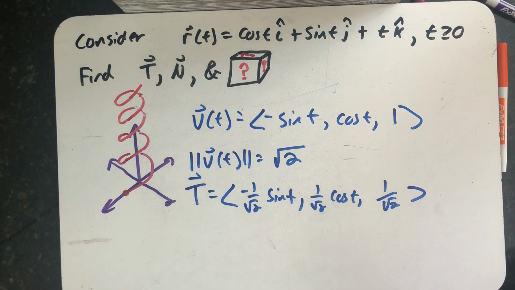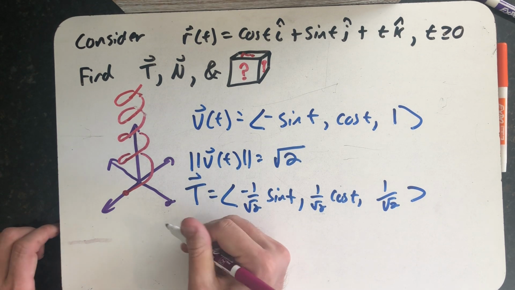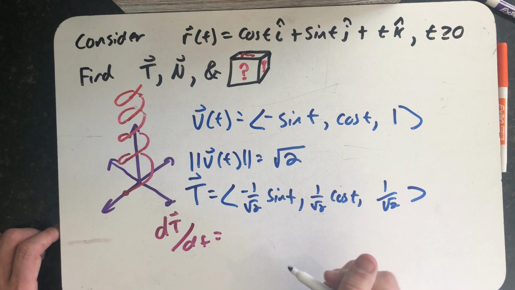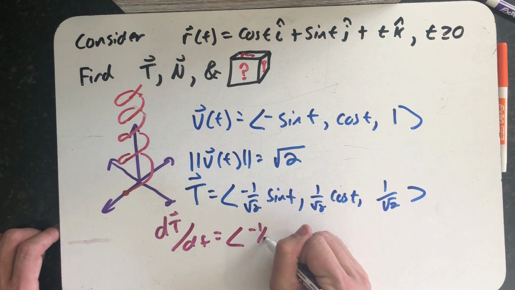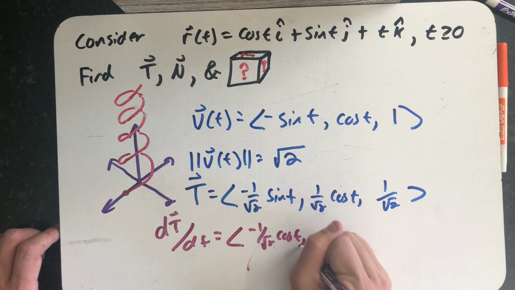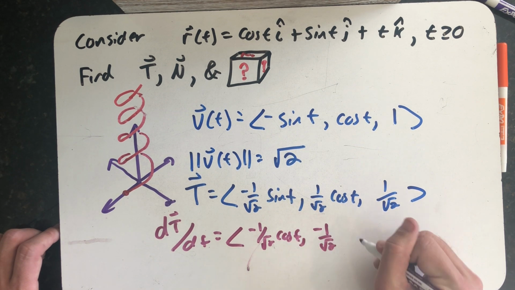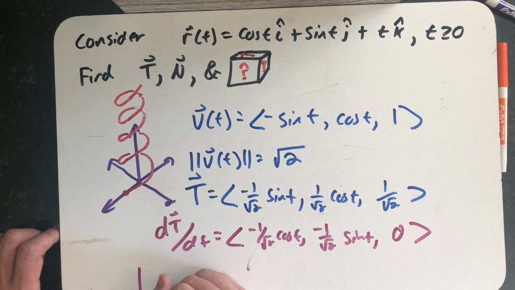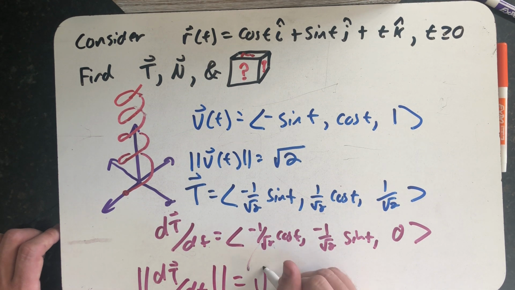Now I need to find big N, which means I need to take a derivative. I need to find dT/dt. Minus 1 over root 2 cosine t, minus 1 over root 2 sine t, comma 0, and then the magnitude of that vector. Well, let's see.